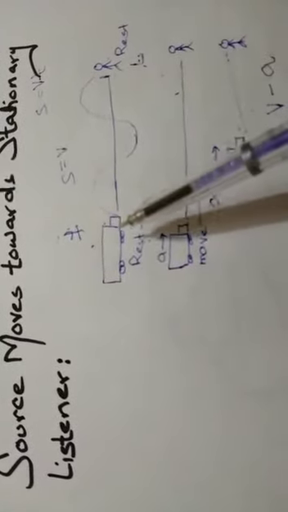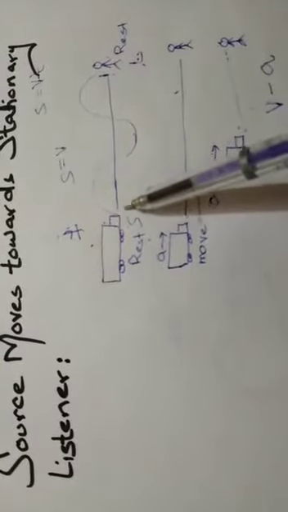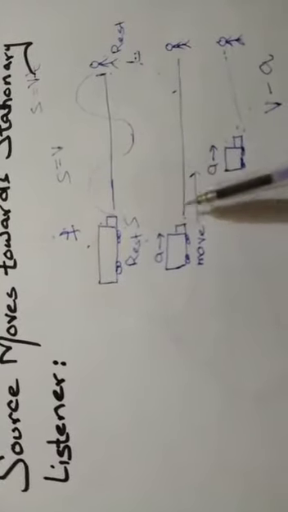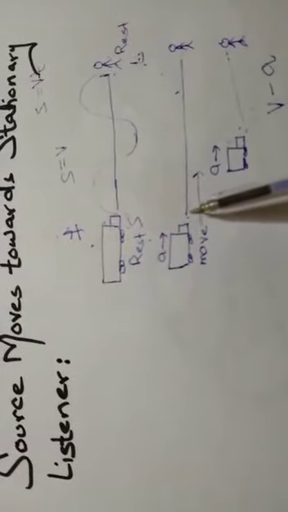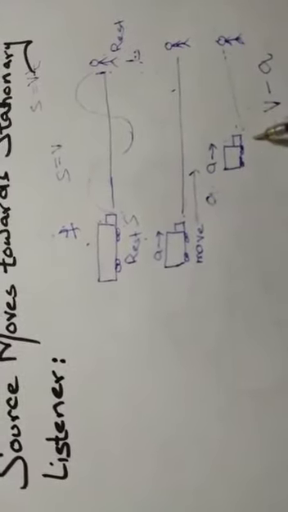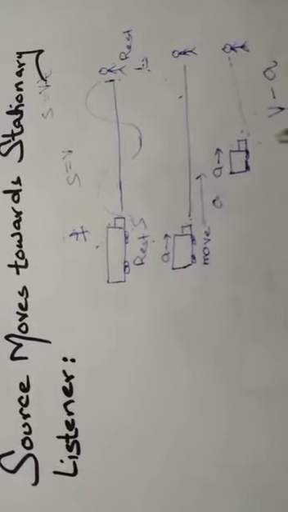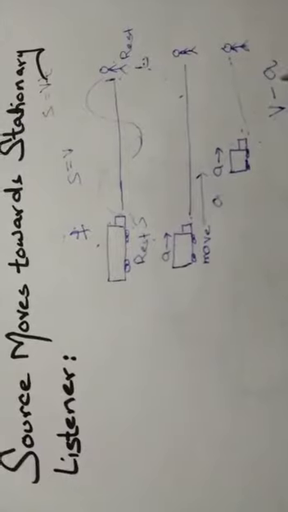V is the distance between source and listener in a state of rest, meaning the total distance, and the distance covered by the source is a. So at this position, the distance between the sounding source and listener becomes V minus a.